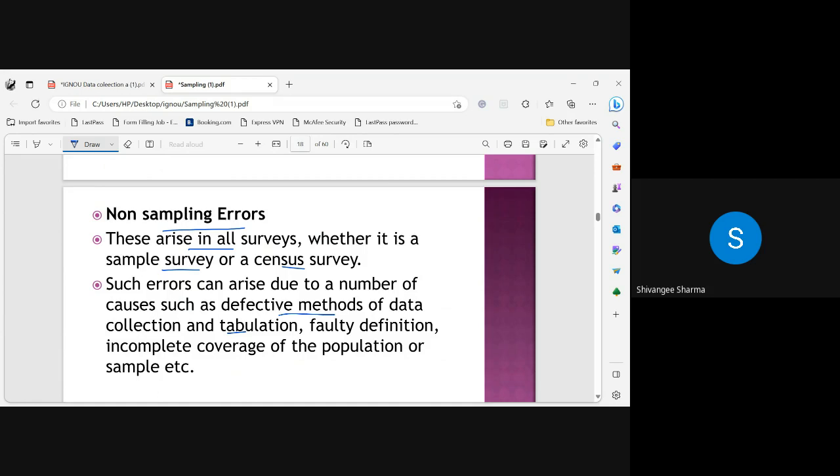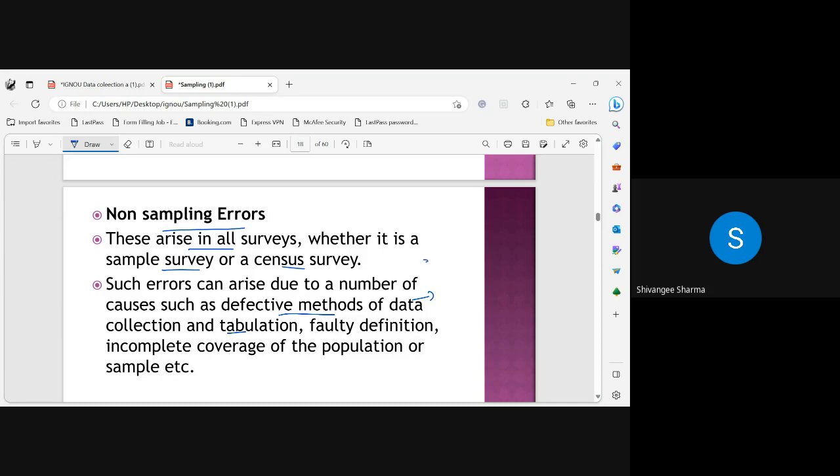If you use the wrong or defective method for data collection and tabulation, and data collection is done through so many sources, I already told you primary sources and secondary sources. In primary sources, in general, we use a questionnaire. Suppose that questionnaire is not perfectly designed. In statistics, we have a test to check whether your questionnaire is appropriate or not.